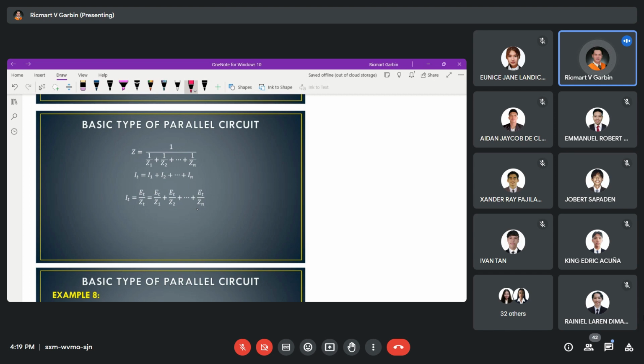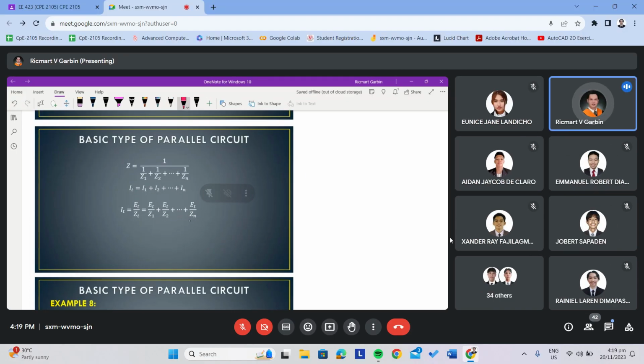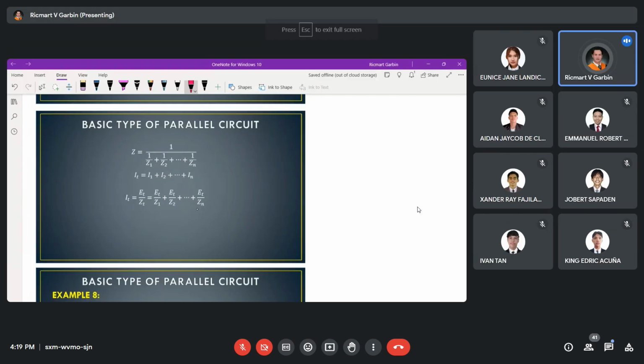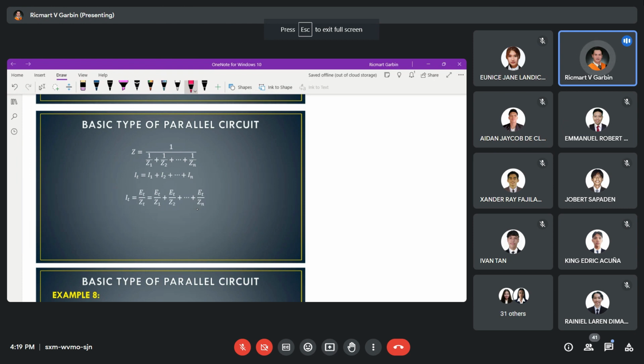So, all we have to do is 1 over Z total equals 1 over Z1 plus 1 over Z2 plus kung ilan man yung impedance connected in parallel. Then, yung total current natin will be the summation of the individual currents for each of the branches, and the total current is equal to the total voltage divided by the total impedance. So, ito po yung ating gagamiting formula.